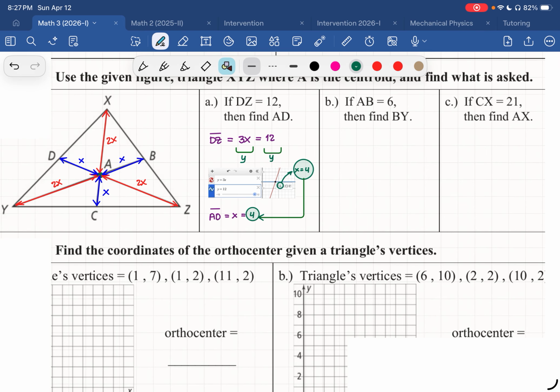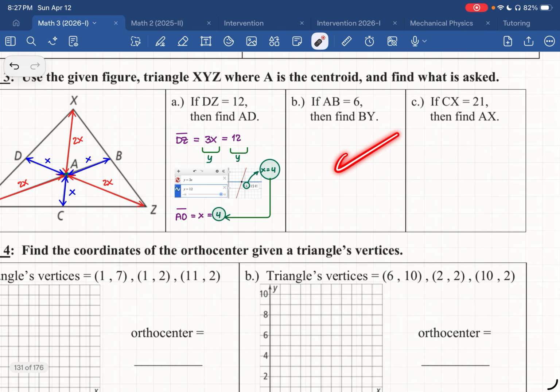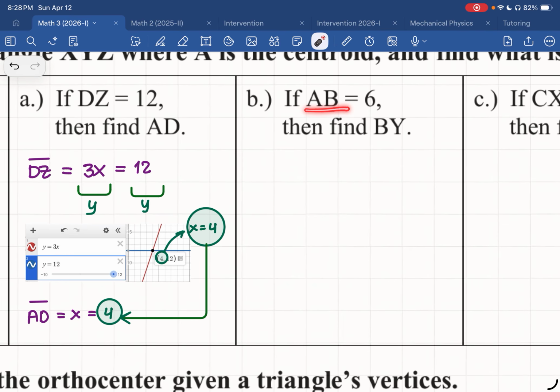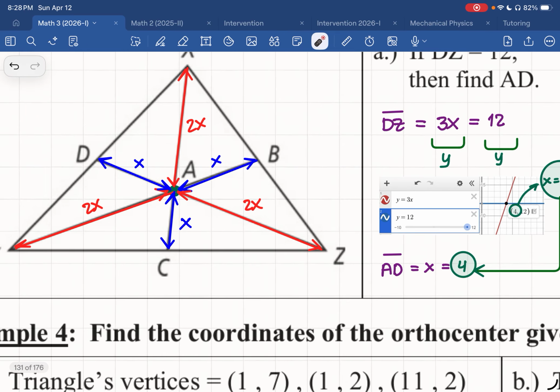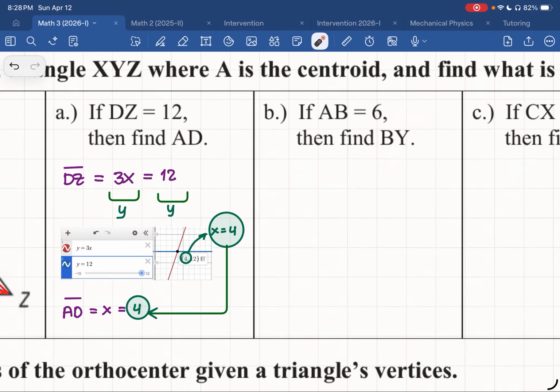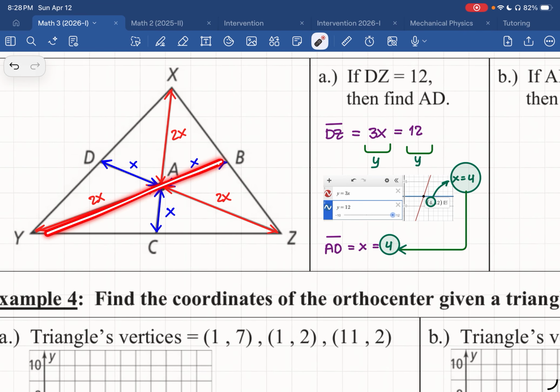Okay. So now that you know that, you're gonna solve this one and this one by yourselves. For example, I'm gonna give you a hint for the letter B. If AB is equal to 6, they're telling you AB, which is this little part over here, is 6. Then who is BY? BY is going to be the whole thing over here.